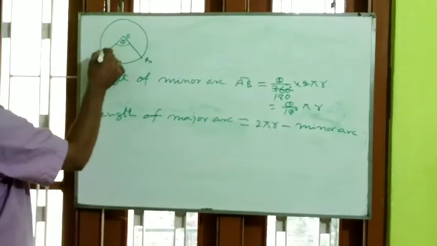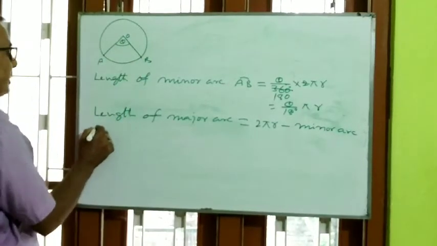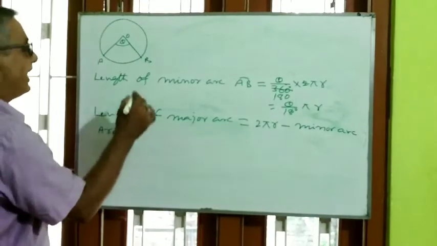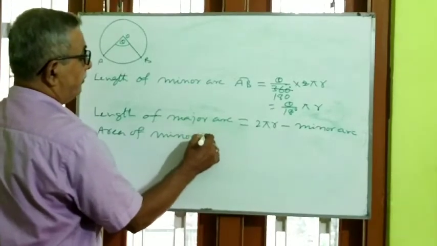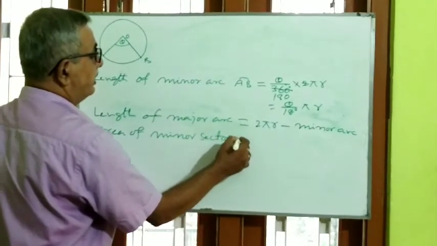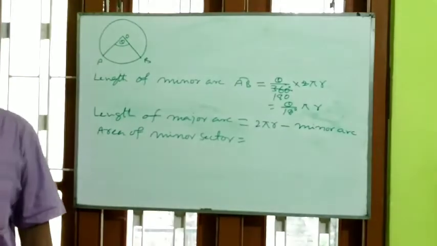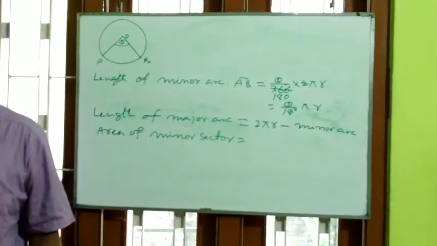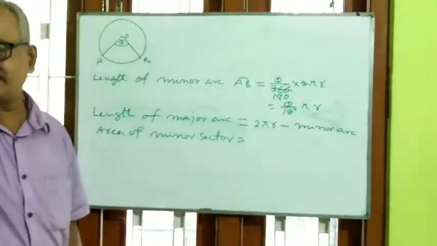Now, this sector. How can you find out the area of the sector? Area of minor sector is equal to, you know that the whole circle area is pi r square. And whole circle means the angle at the center will be 360 degree.